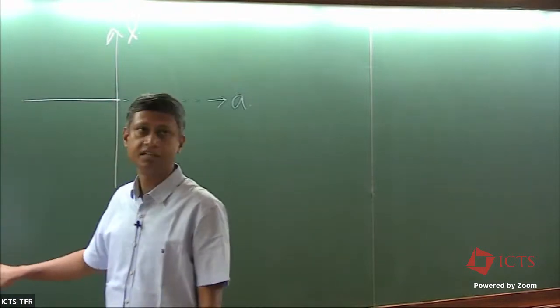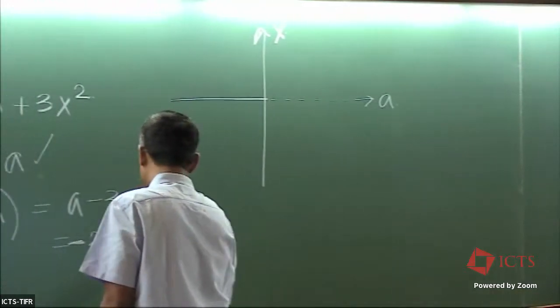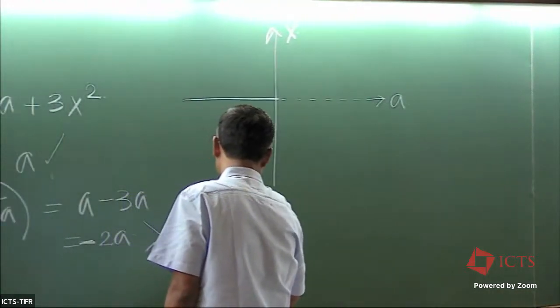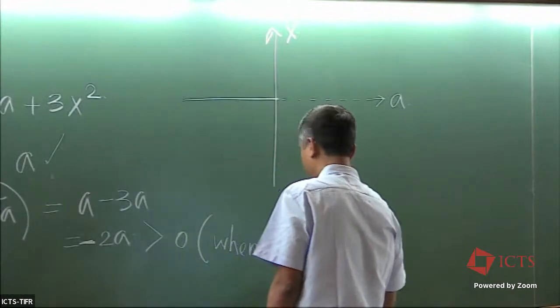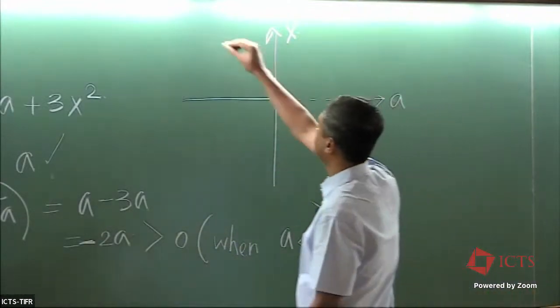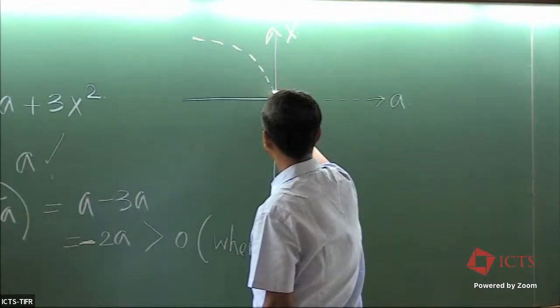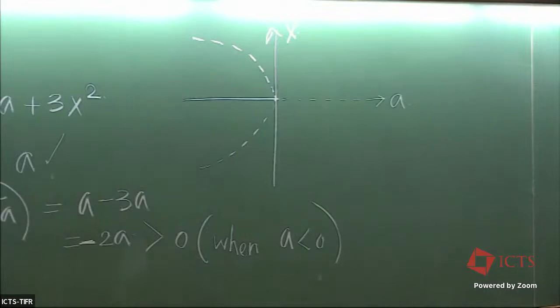But if a is negative, then minus 2a is greater than 0. So this is greater than 0 when a is less than 0. Fine. So the diagram is like this. Fine. Anyone is having any question?